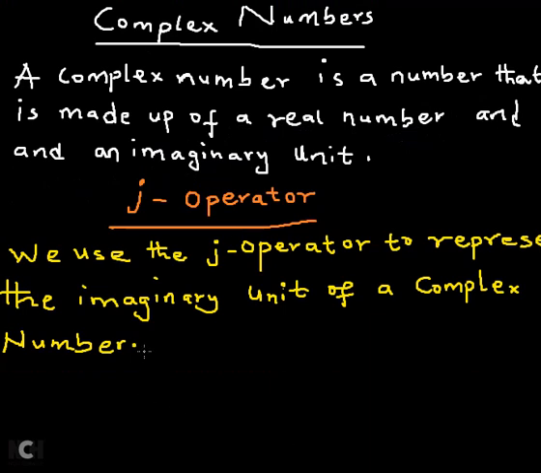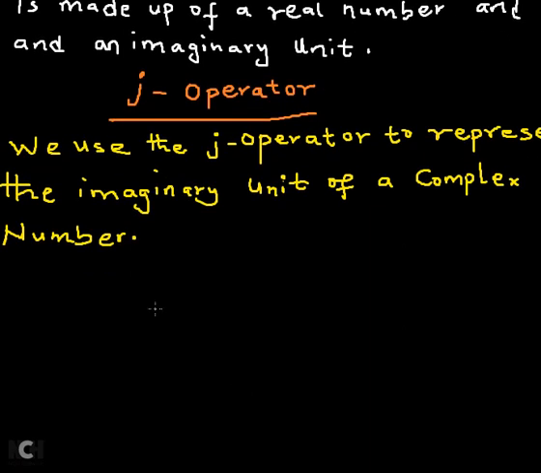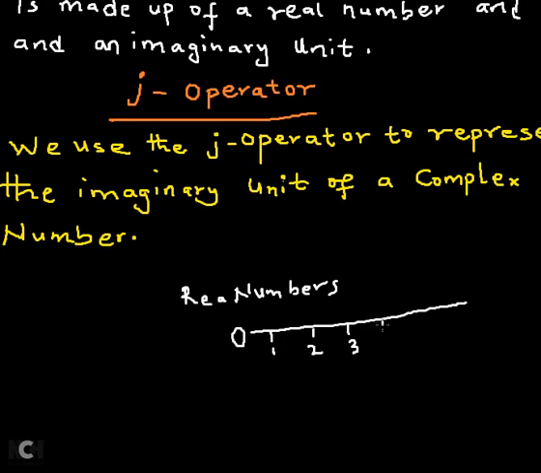You know very well that we are familiar with real numbers, which are used to express quantity. For example, real numbers range from zero and the positive numbers one, two, three, four, alongside some other numbers in between, decimal numbers, till you get to infinity.